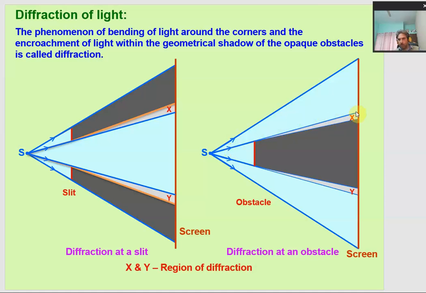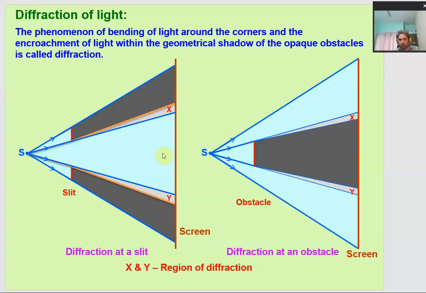In this portion there should be completely darkness, but actually the light ray is again bending around the edges or corners of this object, and therefore illuminating a larger portion of the screen.